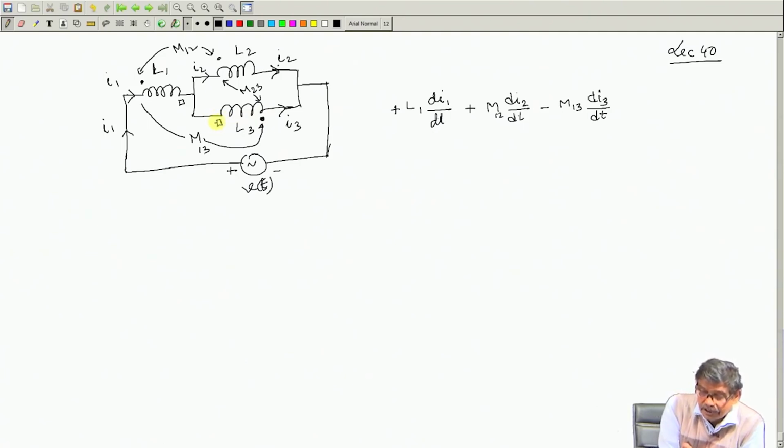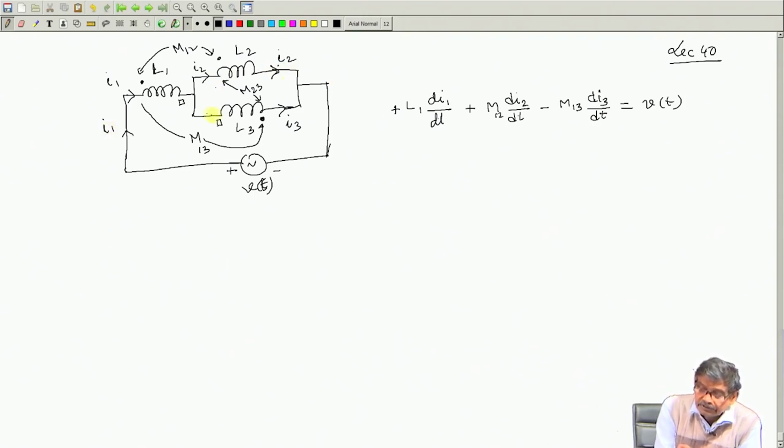Through this square the current is entering, so this square will become plus, like that. So, it will be the right hand side, and this must be equal to your Vt. That is all. This is the equation in the first loop.